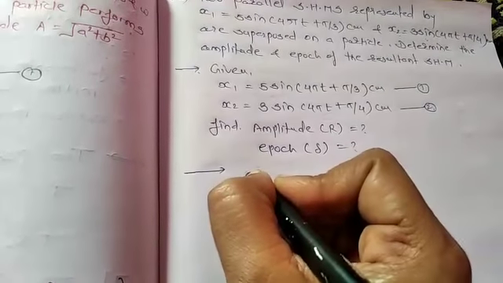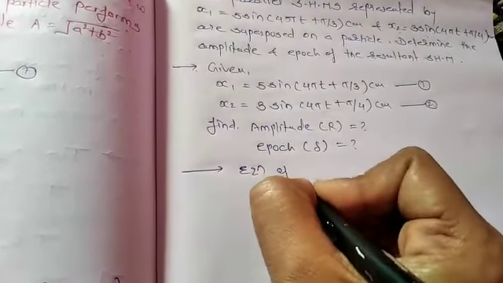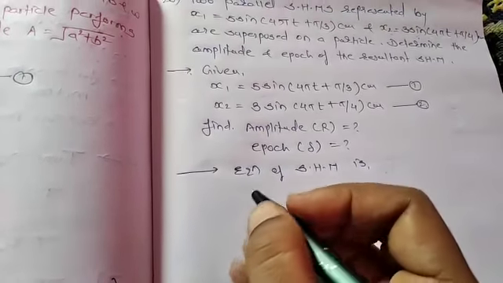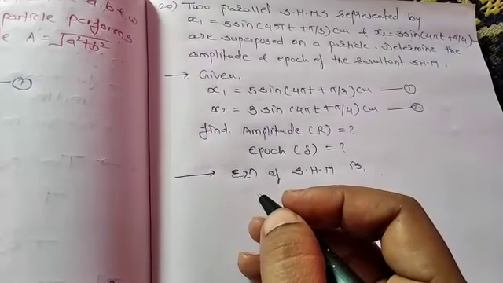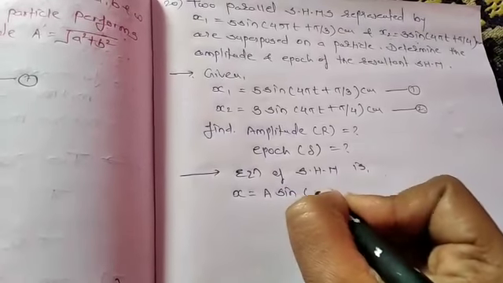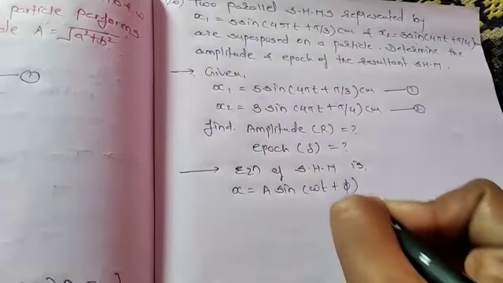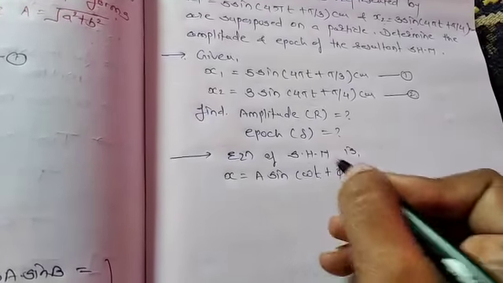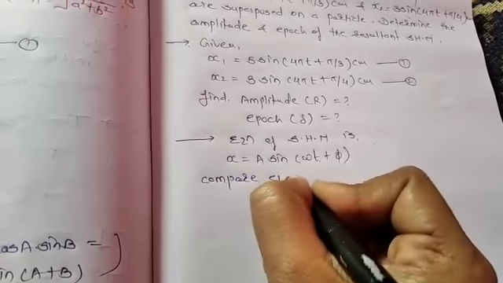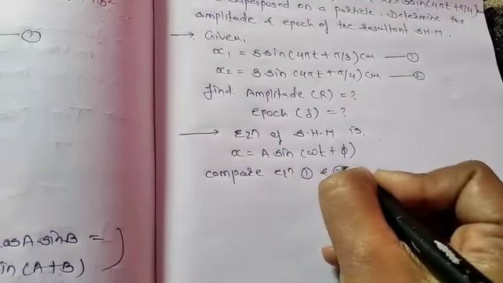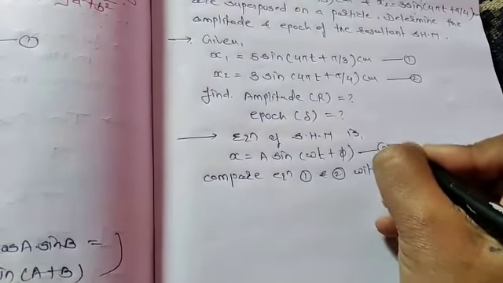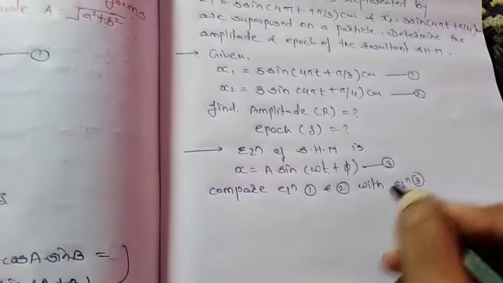Now we know the equation of SHM, so first we will write the equation of SHM. X is equal to A sine of omega t plus the initial phase angle, that is phi. This is equation 3, the general equation of SHM.